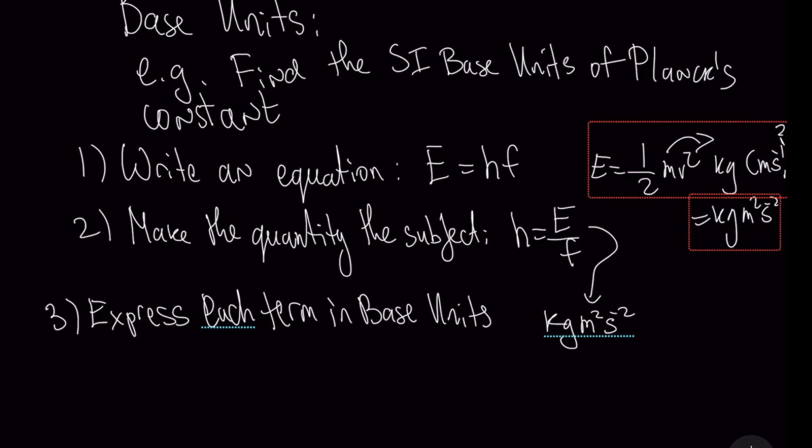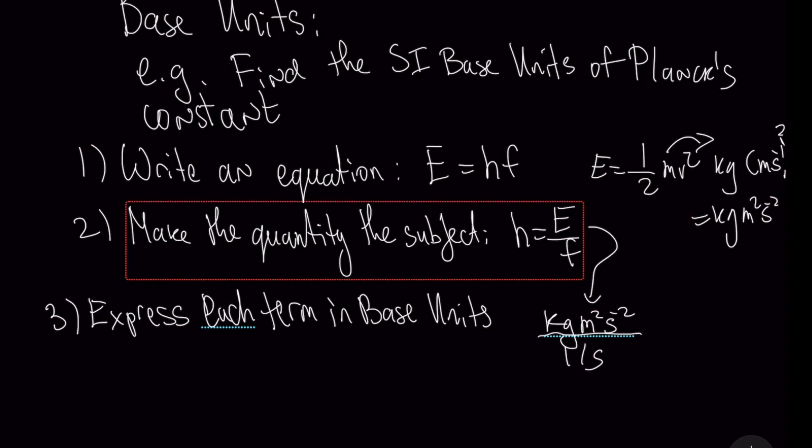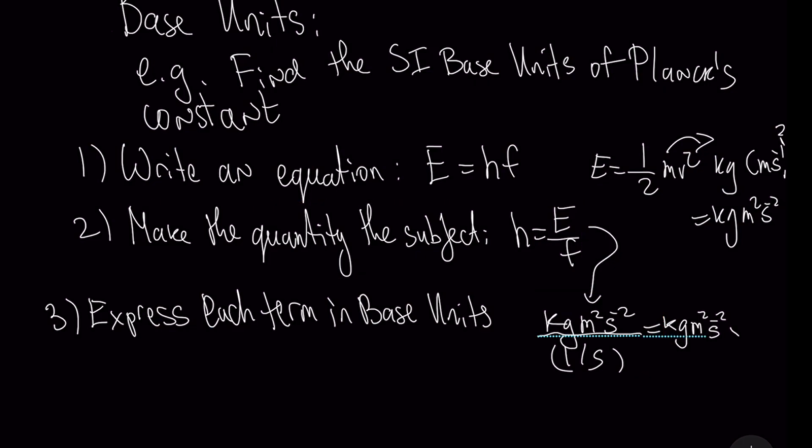The units of frequency: we're going to need to divide by that, is 1 over seconds. So this thing here will be equal to kilograms meter squared s to the power of -2, multiplied by s, giving me a final answer for the base units of h, which is kilograms meter squared s to the power of -1.